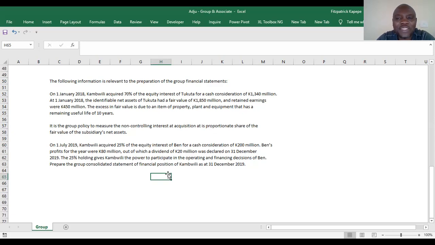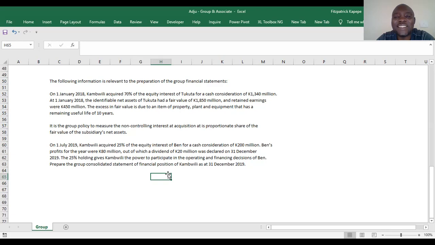The first half of the year, Cambodia was not part of the company, was not part of the partnership or business partnership, I'd call it that. It wasn't there, so it cannot claim the profits before it got some stake in Ben.